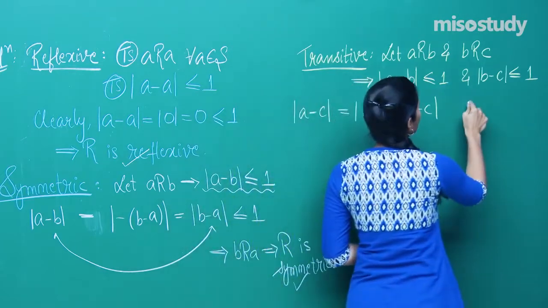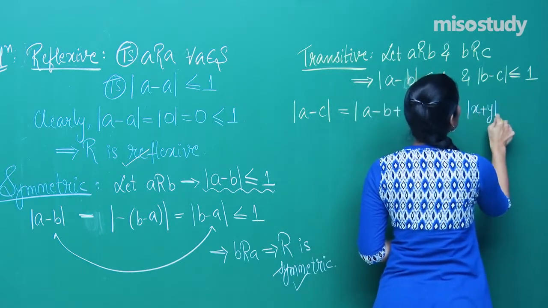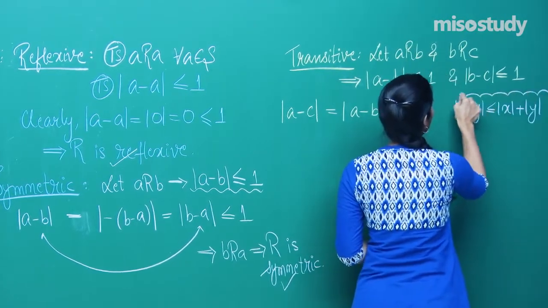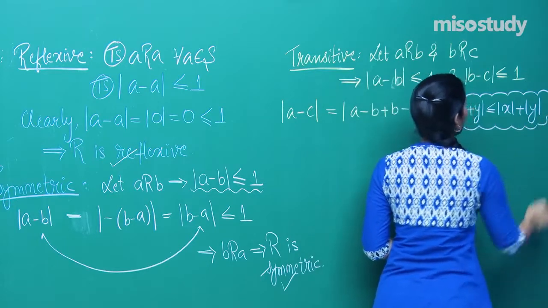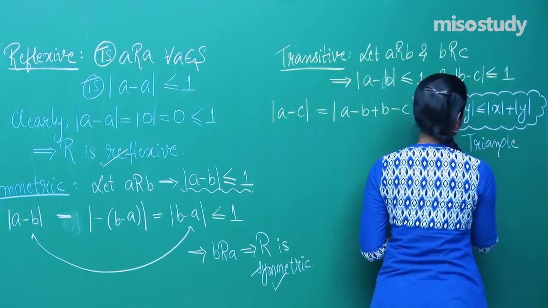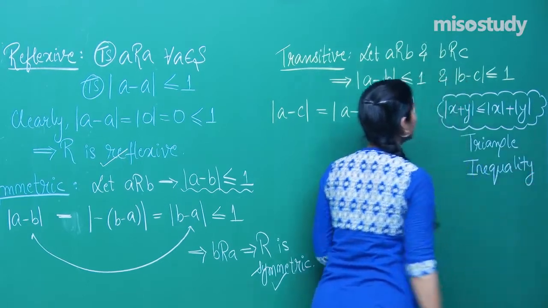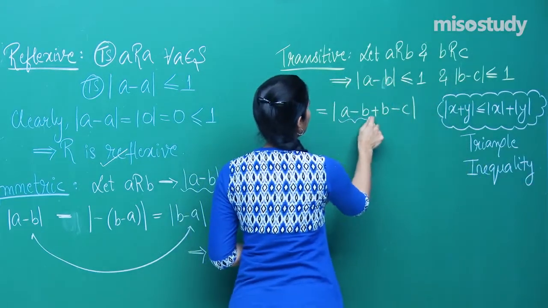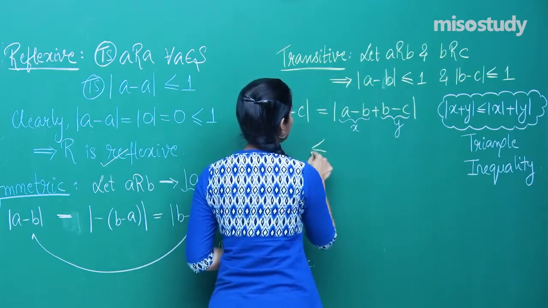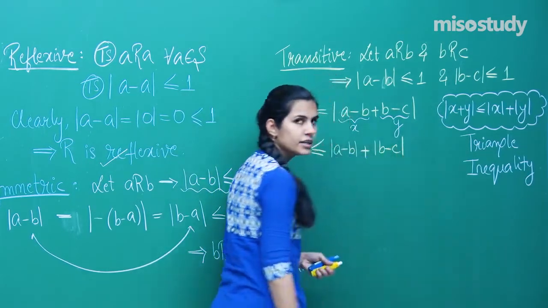If you remember, triangle inequality related to the mod function says that mod of x plus y is less than equal to mod x plus mod y. That is what is known as the triangle inequality. Which if I try and use over here makes this x, y and mod of x plus y is less than equal to mod x plus mod y.